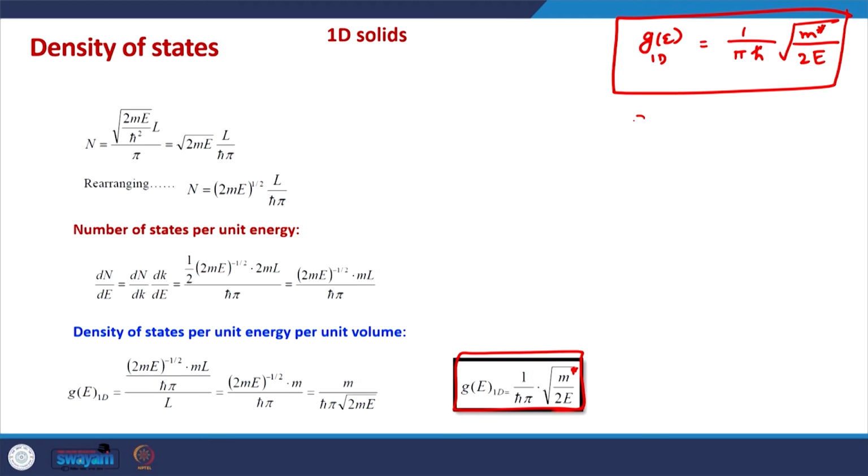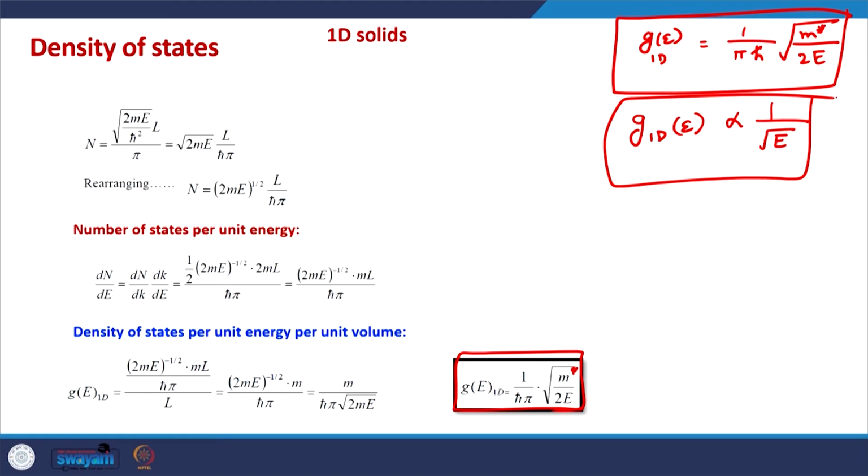And you might have readily noticed that 1D density of states is inversely proportional to the square root of E. Okay. So, as the E value increases, this G_1D will decrease essentially. And if you compare this with the 2D case, in the 2D case this was constant essentially.